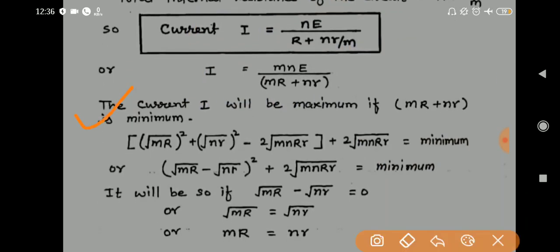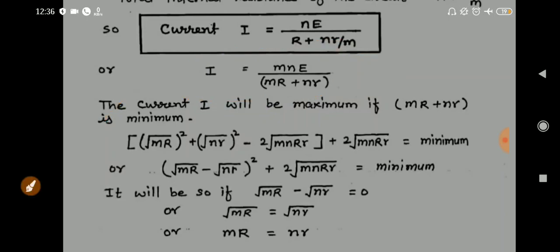The current I in this expression will be maximum if the denominator, that is mR plus nr, is minimum.